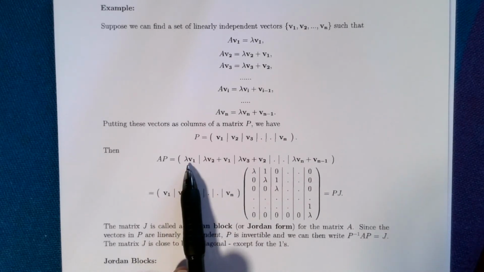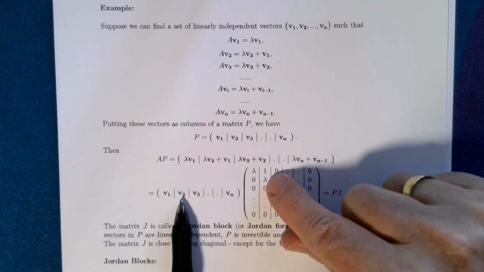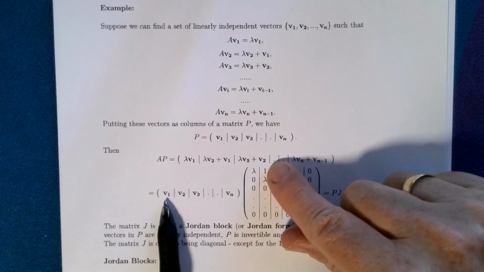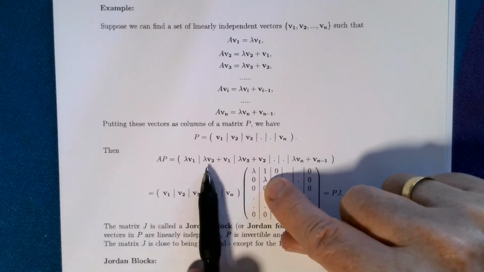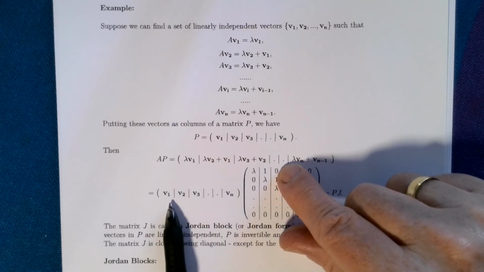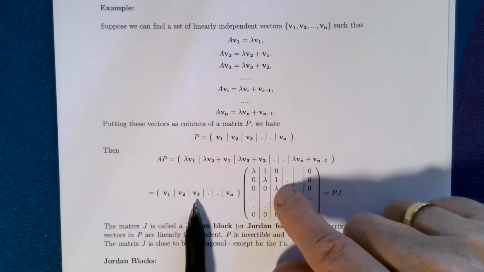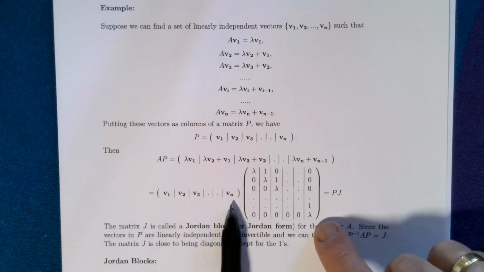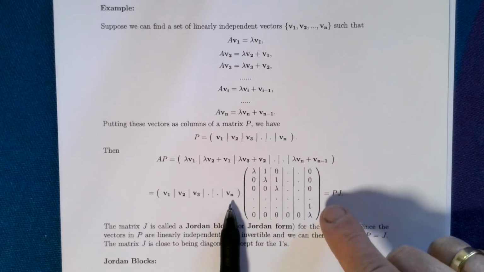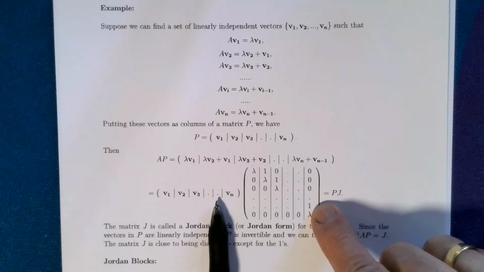For the second column, I'll need one of these plus lambda times this one, so I'm going to get v1 plus lambda v2. For this one here, I don't want any of those. I want a v2 plus a lambda v3, so I'm going to get 0, 1, lambda and zeros below, all the way down to the end. A times vn is lambda vn plus 1 times the term before it, which is v sub n minus 1.